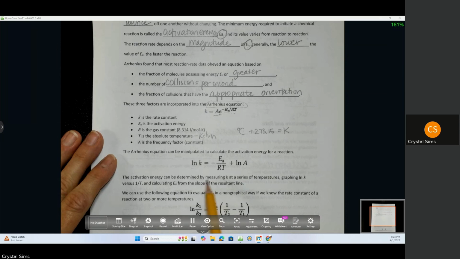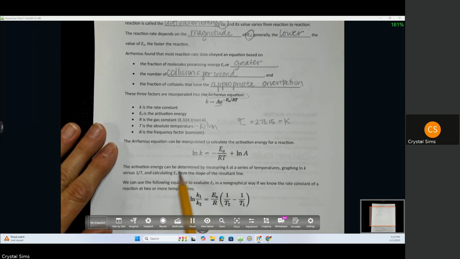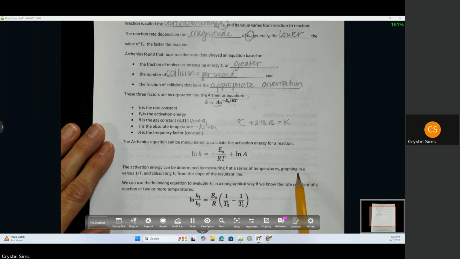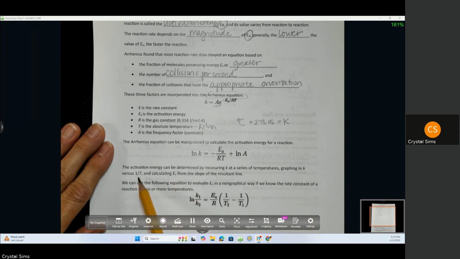We can calculate the activation energy by measuring K at a series of temperatures, graphing the natural log of K versus 1 over T, because T is on the bottom here, and then calculating Ea from the slope.